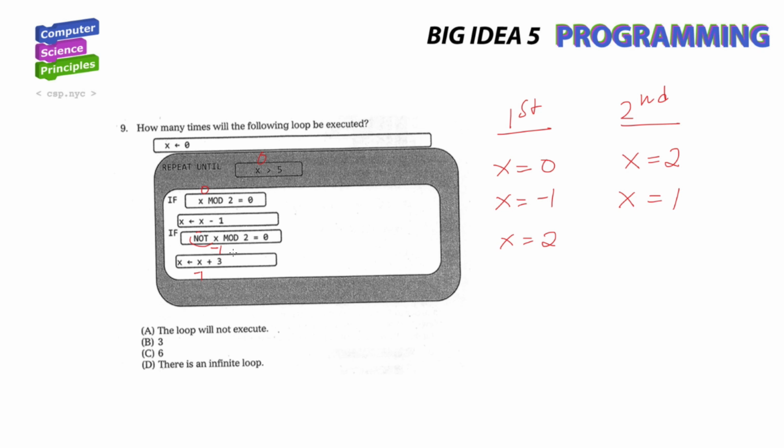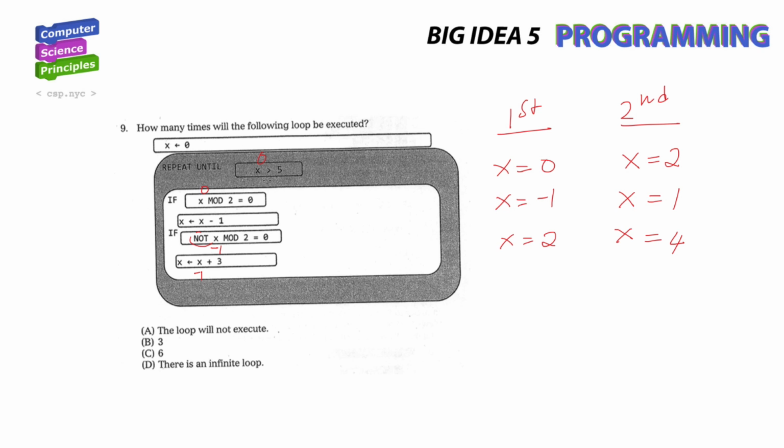And then 1 mod 2 is 1 divided by 2, which leaves us with a remainder that's not 0. And so it's true that that non-zero is not 0. So therefore, the x, which was 1, gets the value of 1 plus 3, which is 4. So x now equals 4.